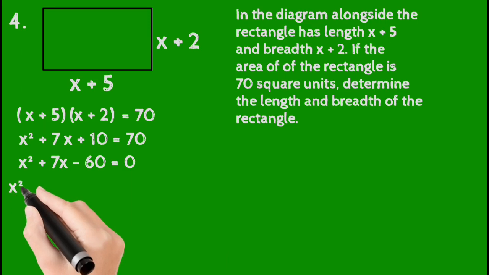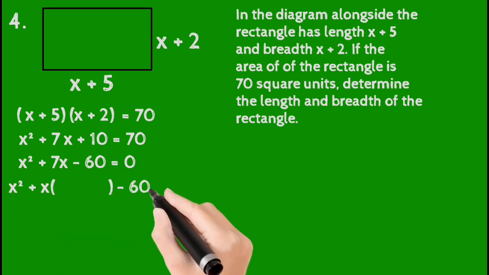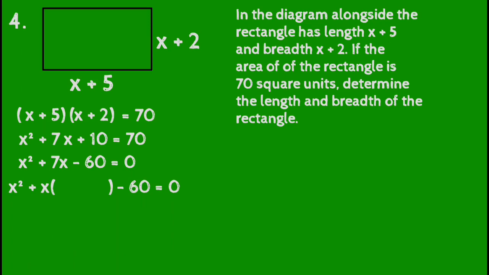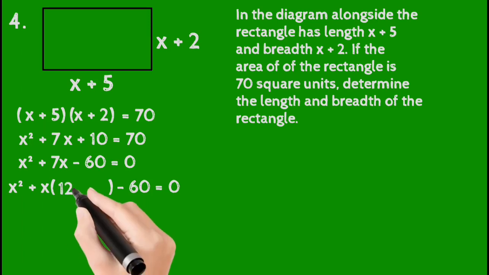Now let's factorize. x squared plus x, open that bracket, minus 60 is equal to 0. We want to think of factors of 60 that give us a difference of 7. 1 and 60, no. 2 and 30, no. 3 and 20, no. 4 and 15, 4 and 15 give us 11, no. But 12 and 5 give us 60, and 12 minus 5 is 7.